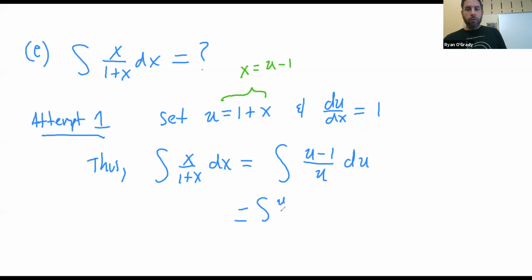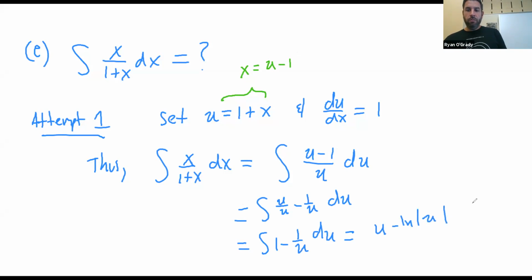This is u over u minus 1 over u, which is the integral of 1 minus 1 over u, which becomes u minus the natural log of the absolute value of u plus c. If we plug our guys back in, we get 1 plus x minus the natural log of the absolute value of 1 plus x plus c. So that's one answer.